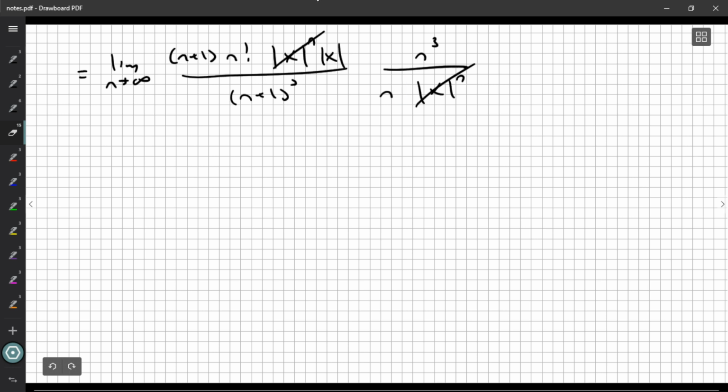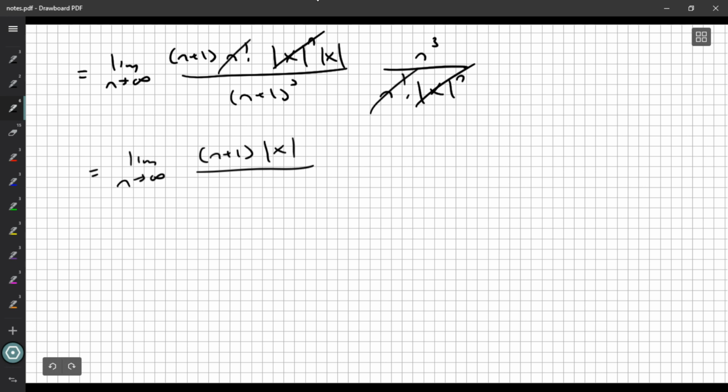The cube's already on top. The factorials cancel out. So we're left with n plus 1 times absolute value of x over n plus 1 cubed times n cubed. Now, the absolute value of x, I'm going to bring outside because it has no n's in it. It's constant. I can also cancel out one of the n plus 1s.